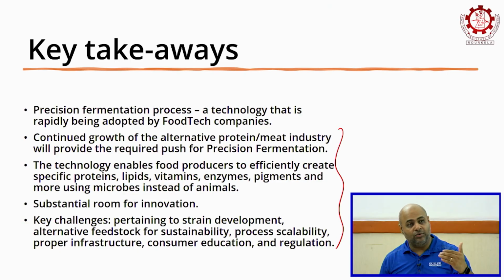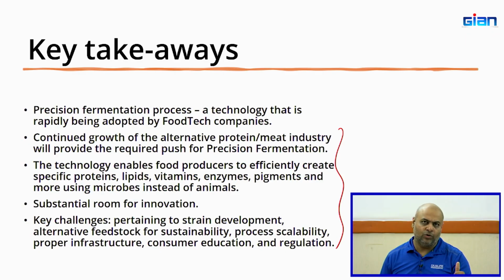You have substantial room for innovation. The key challenges that still pertain to precision fermentation are strain development, host selection, alternative feedstock for sustainability, process scalability, proper infrastructure, consumer education, and regulation.